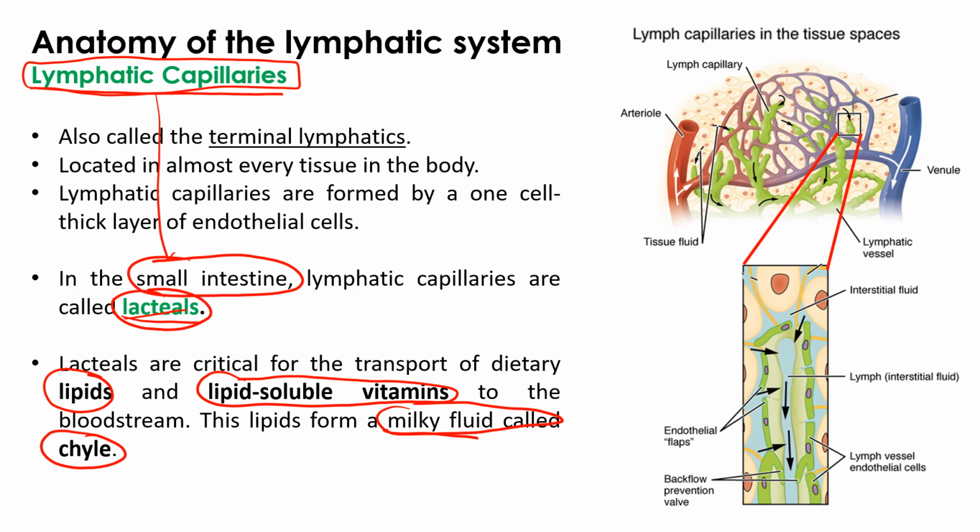And those lacteals are specific to the small intestine because remember, the small intestine is the part of the digestive system that is in charge of absorbing the nutrients that we have in our diet. So every time we eat something that contains fat, your digestive system will break that down to the smallest components, and then the fats will get absorbed using these lymphatic capillaries, which receive that name, lacteals.